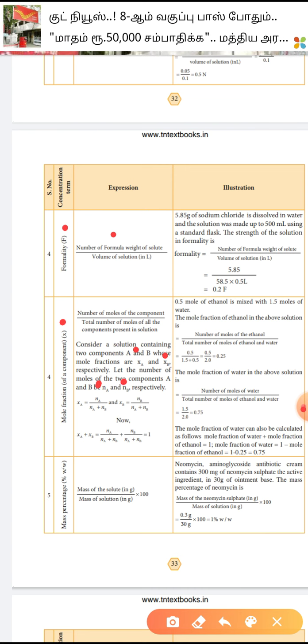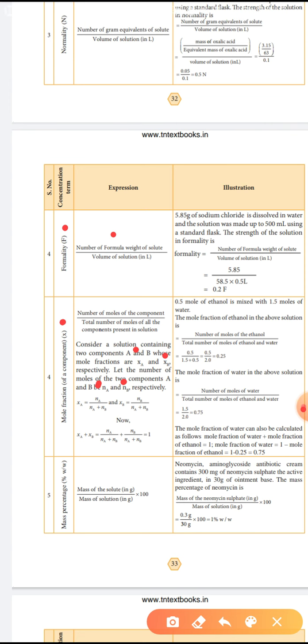So XA equals NA divided by NA plus NB, and XB equals NB divided by NA plus NB. If you add both XA and XB, you get NA divided by NA plus NB plus NB divided by NA plus NB, which is equal to 1.